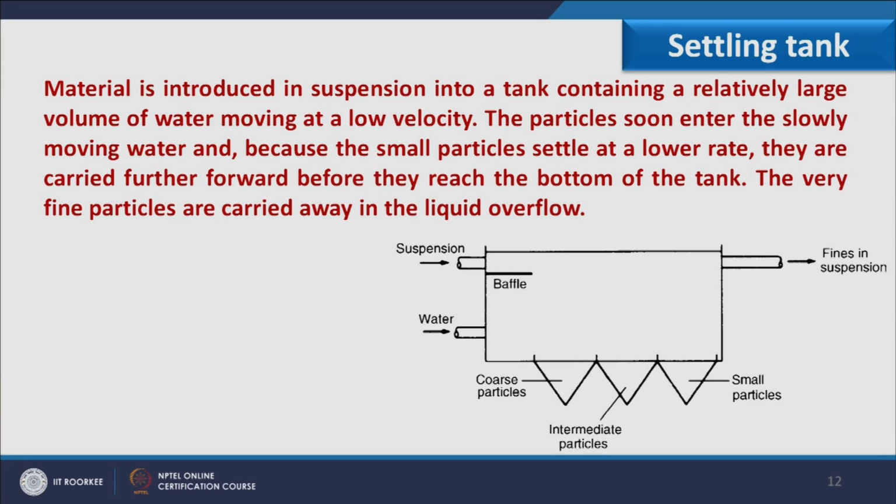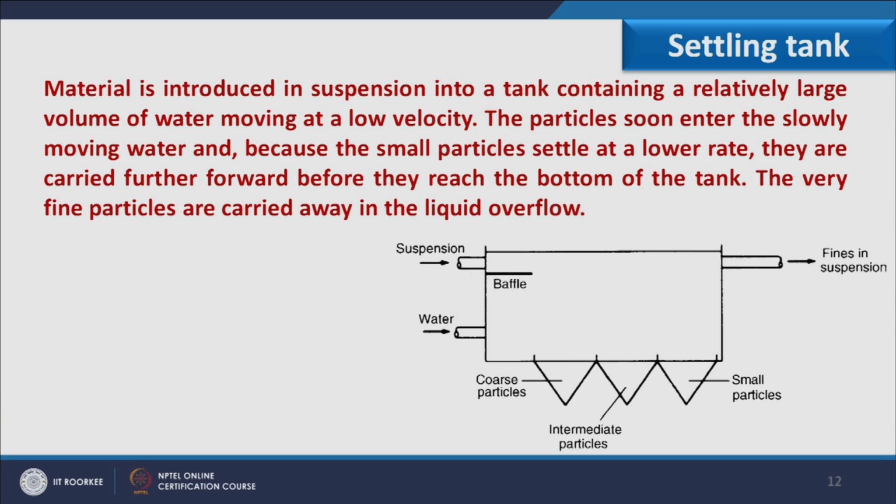Material is introduced in suspension into a tank containing a relatively large volume of water moving at low velocity. So, what happens when the velocity decreases? The particles available in it start settling. How the settling of particles occurs depends purely on the size as well as the density of the particle.